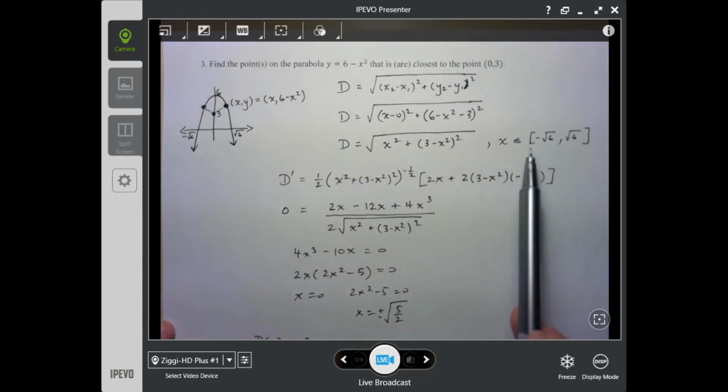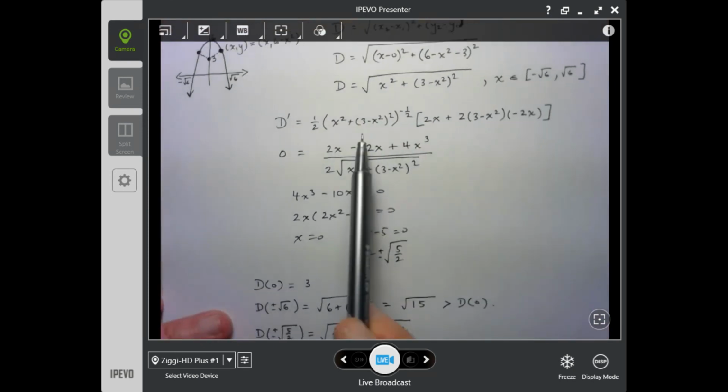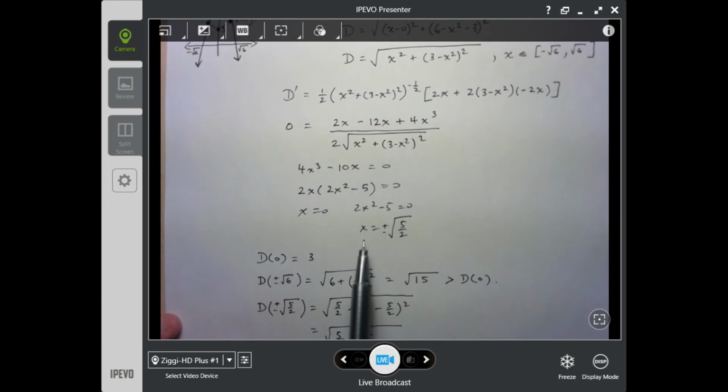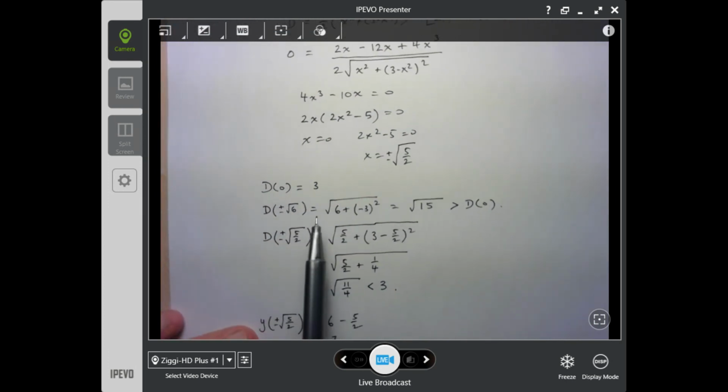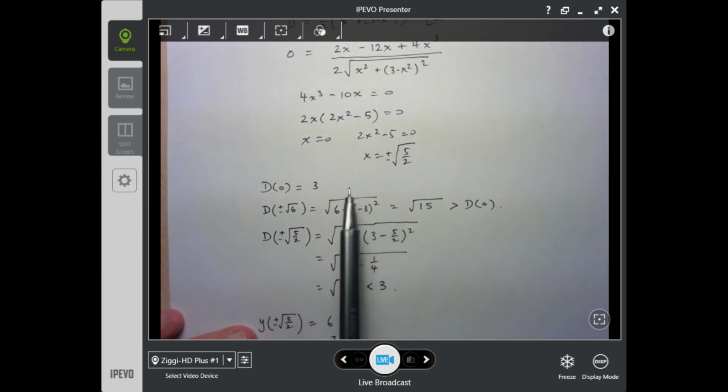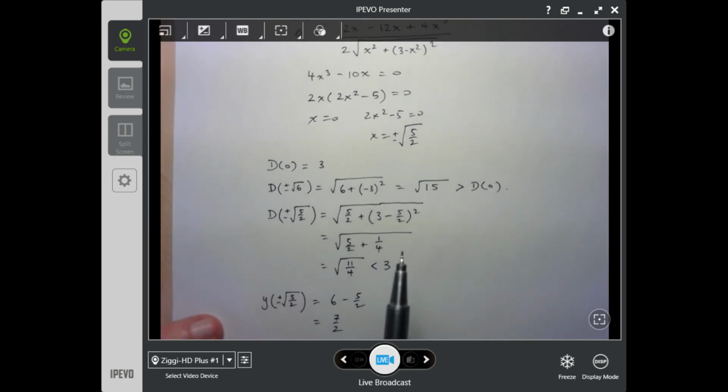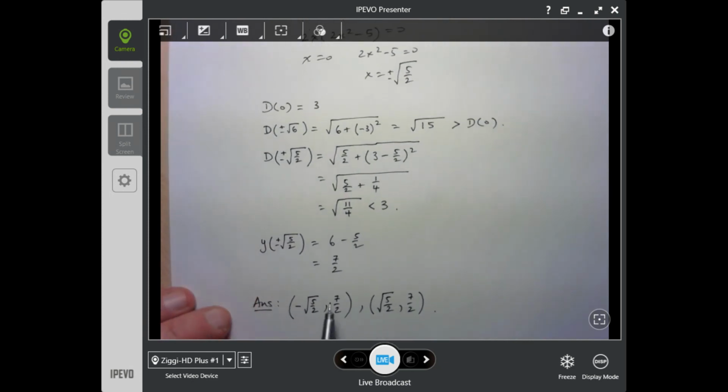We determined that we could work on this domain of values. Then we did our calculus to determine our critical points. And then we used the critical points and the endpoints, because we work on a closed interval, to determine which gave us the smallest distance. And then from there, we went back and we answered the question that was posed. All right, that's it for this one.